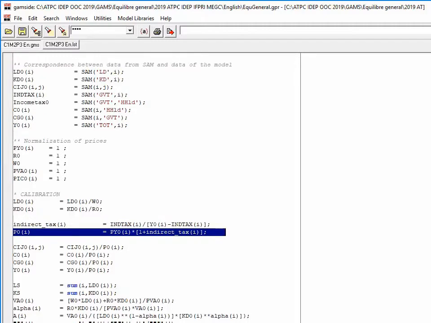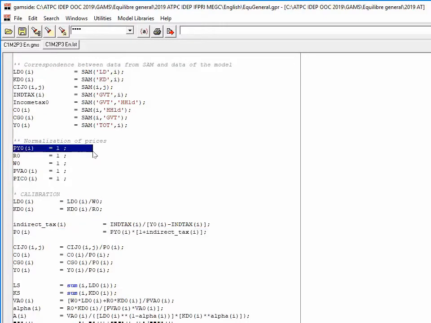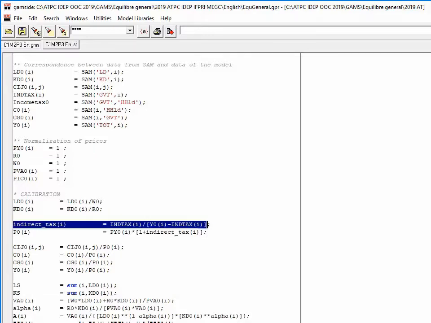So what I did here is that I started with normalizations of the production prices. Py is equal to 1. So I then have to calculate the indirect tax rates. I can use the formula which I explained in the video. And once I have given a value to this indirect tax rate by sector, I can give a value to consumer price.